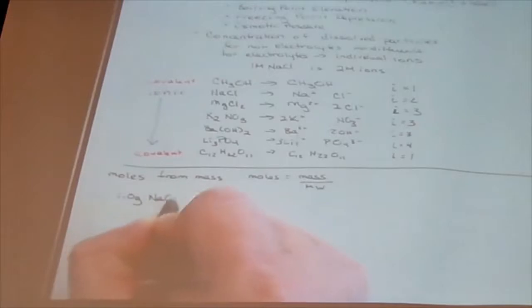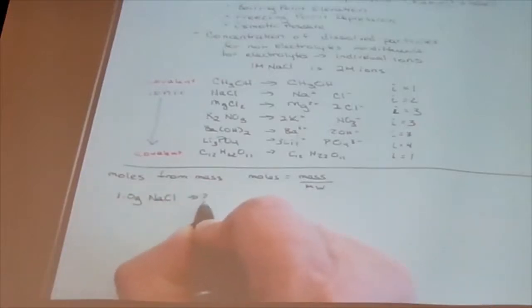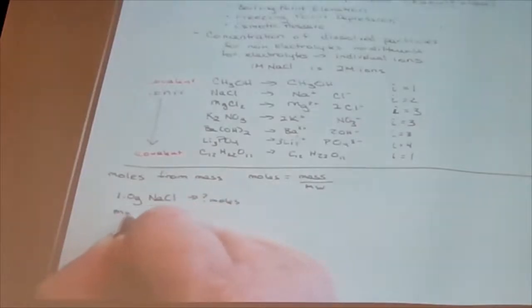So if I have 1 gram of NaCl, and I want to know how many moles, I'm going to need the molar weight. So I'm going to take my 23 for sodium, my 35.45 for the chlorine.